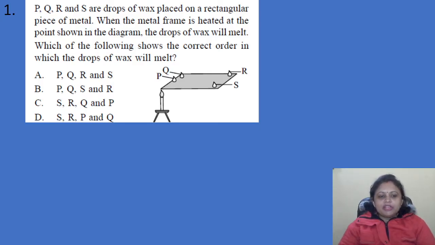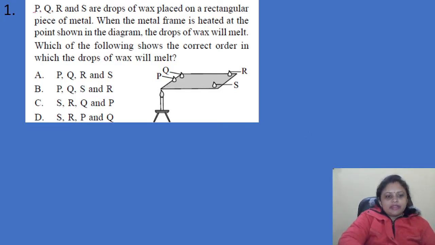Options are A, P, Q, R and S; B, P, Q, S and R; C, S, R, Q and P; D, S, R, P and Q. As per the question, P, Q, R, S are drops of wax placed on a rectangular piece of metal and the metal frame is heated, and the drops of wax will melt. So we have to find the correct order in which the drops of wax will melt.